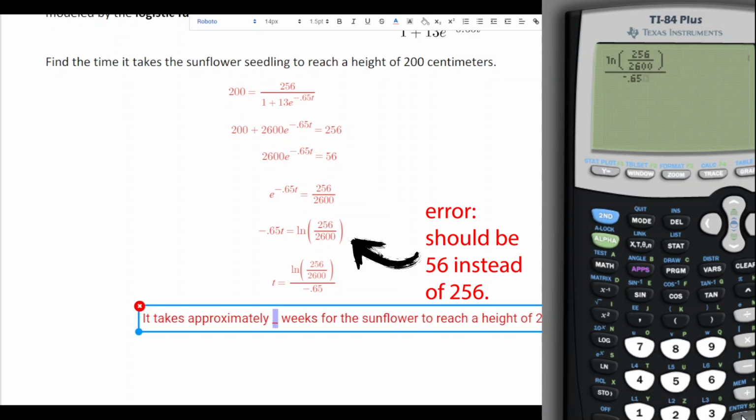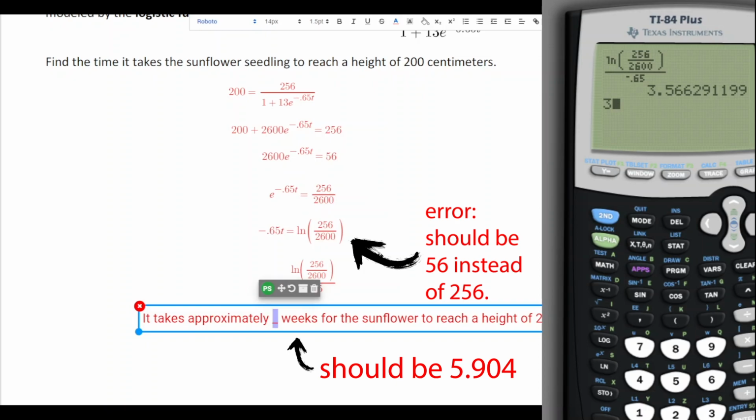All right. And so we get about 3.566 weeks.